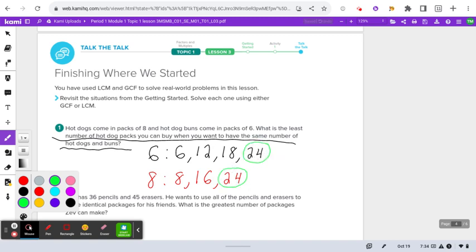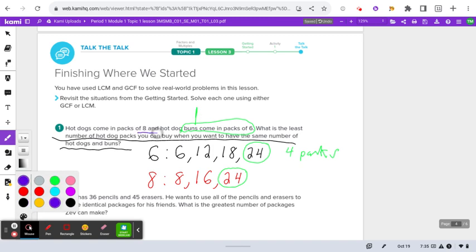That's all you need to do there, just list out the multiples of each number. For this one, you should know how many packs then of each as well. So if the hot dog buns come in packs of 6, that means you'd have 4 packs of the buns.